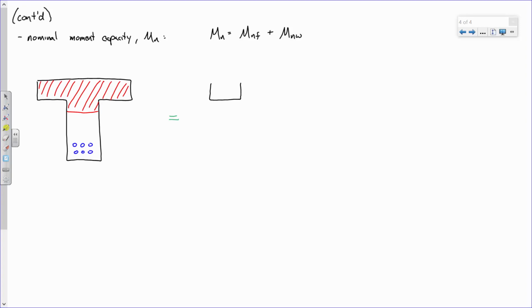Like I said, just bear with my artwork. Okay? And then this is going to have, let's say, some steel associated with it. I'll do 4.